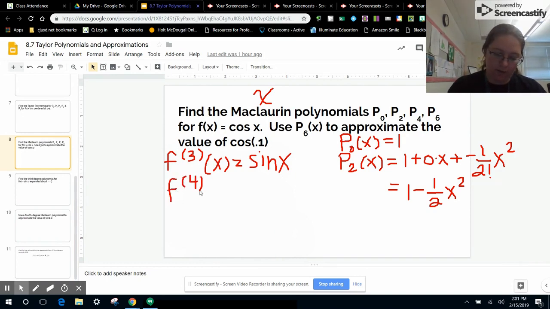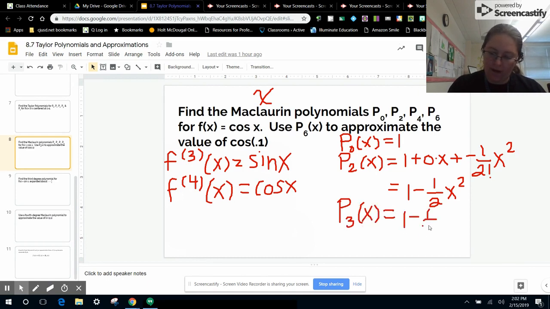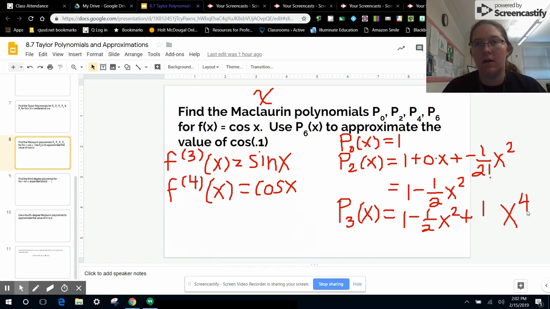The fourth derivative, the derivative of sine is cosine, and I know that cosine of 0 is 1. So now I get 1 minus 1/2 x squared plus 1, because the fourth derivative is 1. Again, I'm skipping the third because sine of 0 is 0, so I'm over to the fourth.